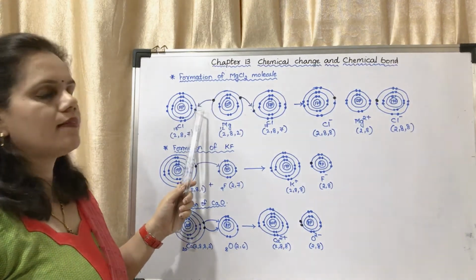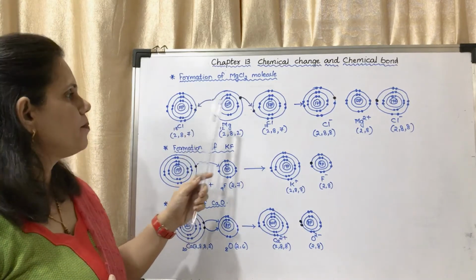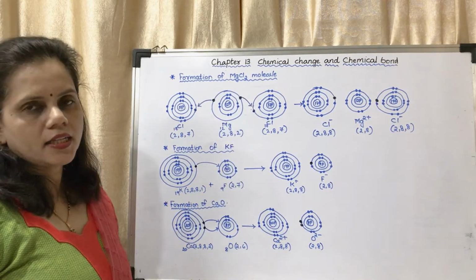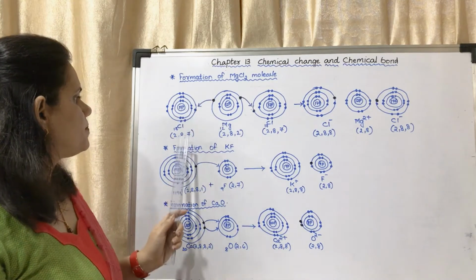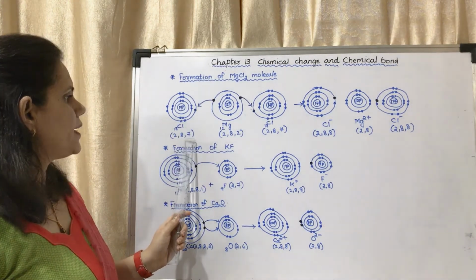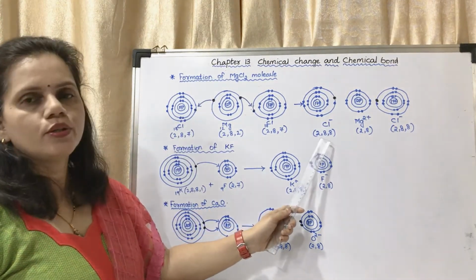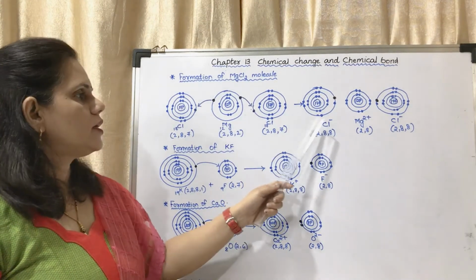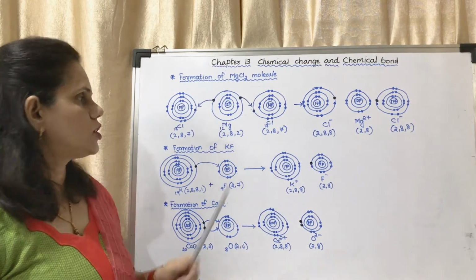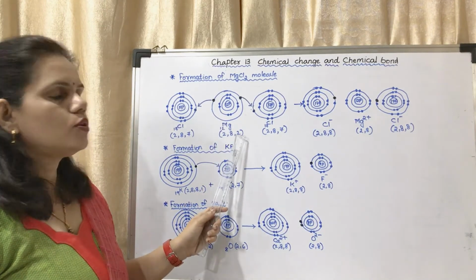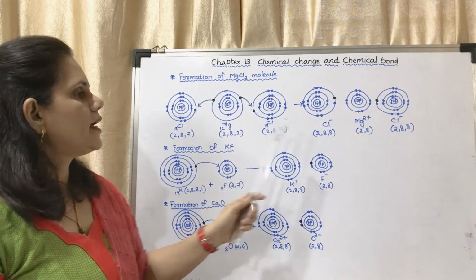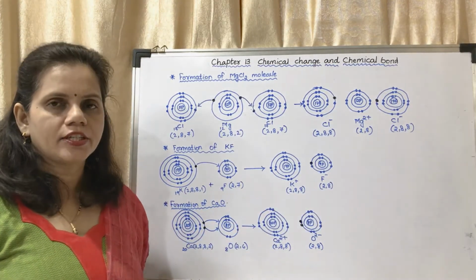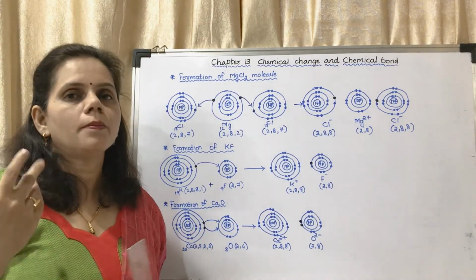It will give 1 electron to 1 chlorine atom and another electron to another chlorine atom. So you may see this 2, 8, 7 gets converted into 2, 8, 8. So it is having 1 electron more, so it will get a negative charge. Magnesium will lose 2 electrons to get converted into 2, 8.